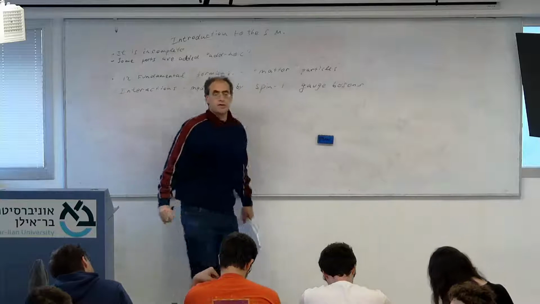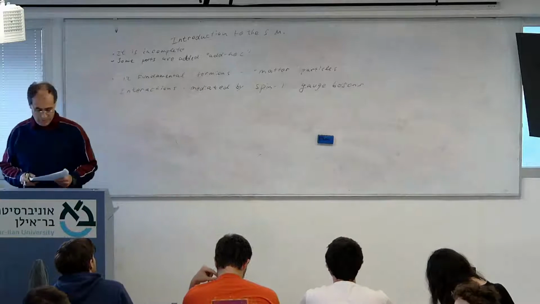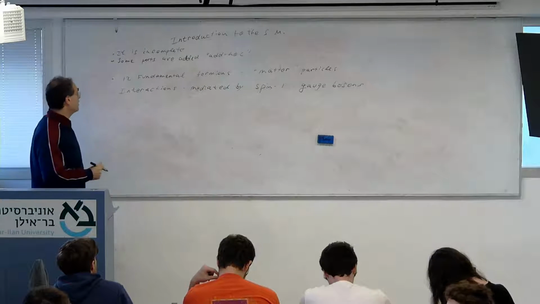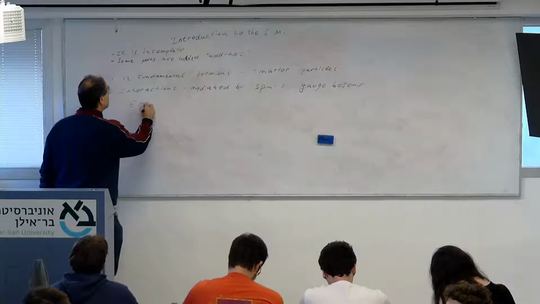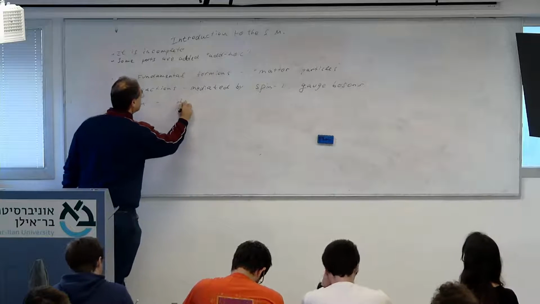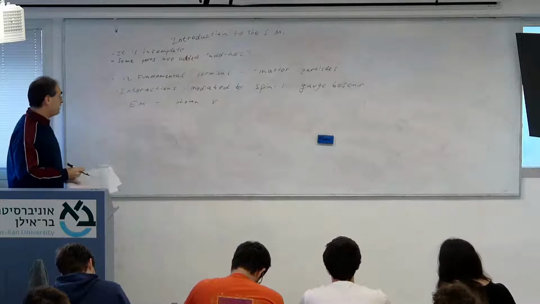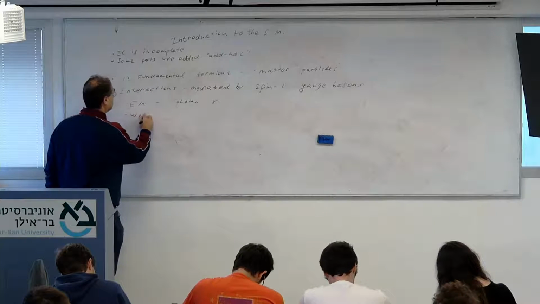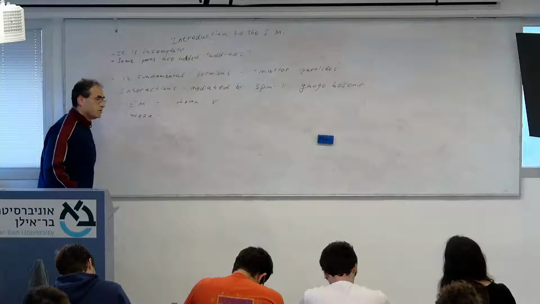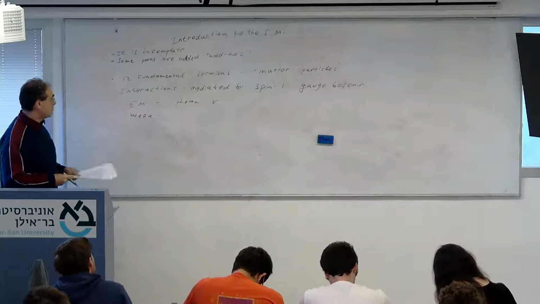For each of the interactions that we have, there are the mediating bosons. For the electromagnetic, this is the photon, denoted by gamma. For the weak, these are the W and Z bosons.